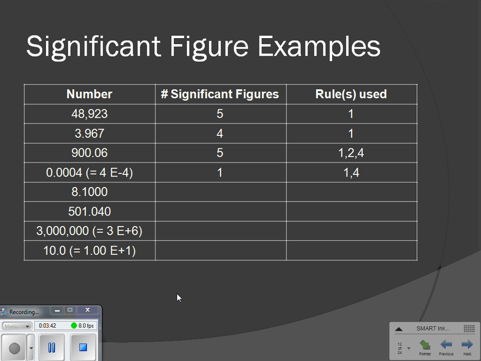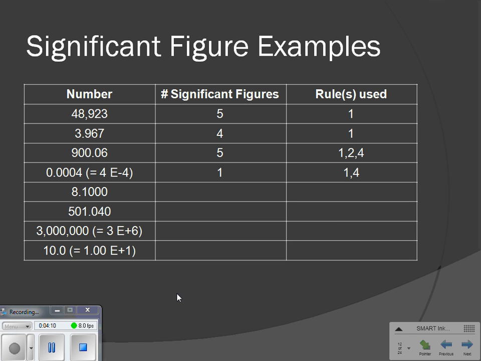If we look at the next line, 0.0004, we have that the non-zero number, the 4, is significant, but we can also remove the others using our scientific notation. So there's 1 significant figure there.